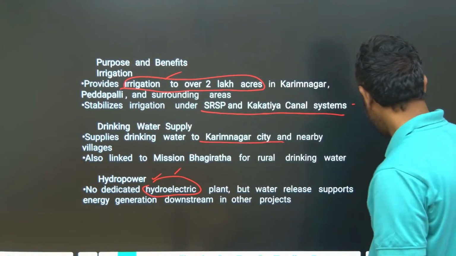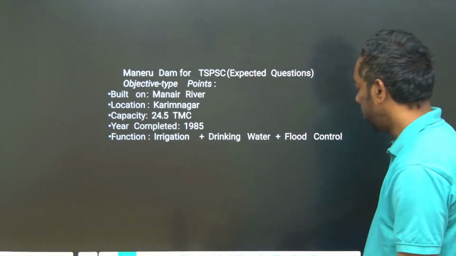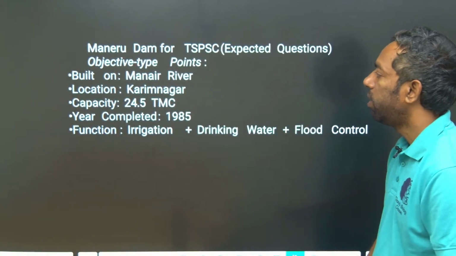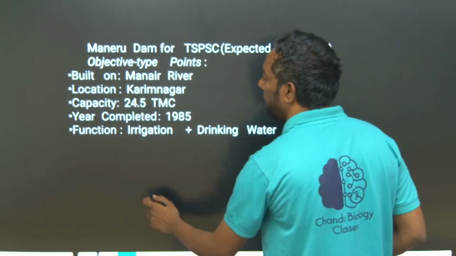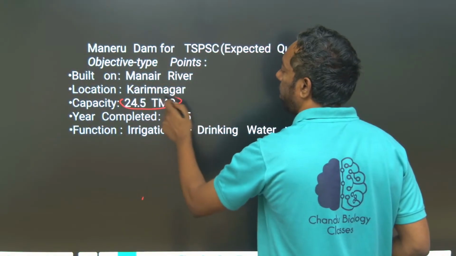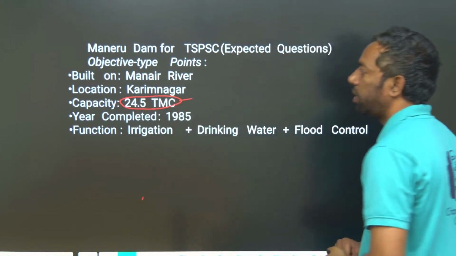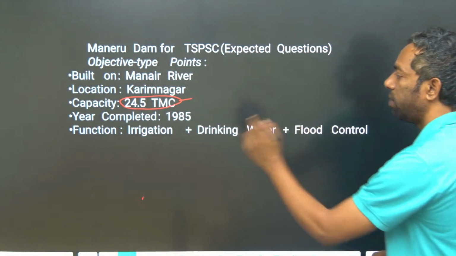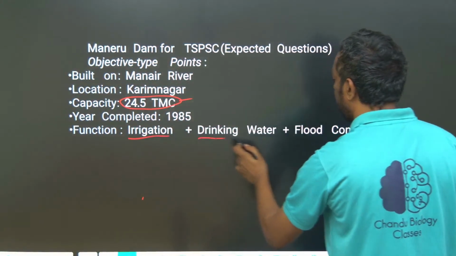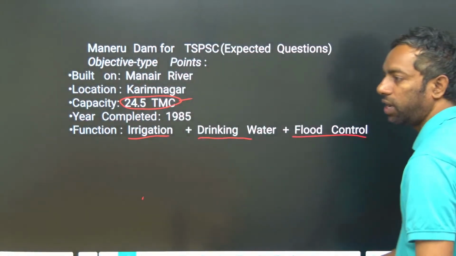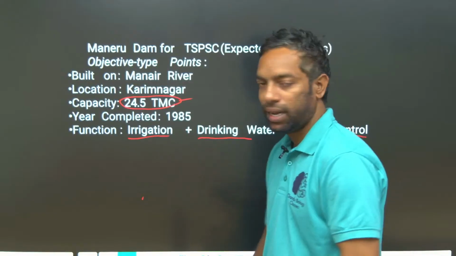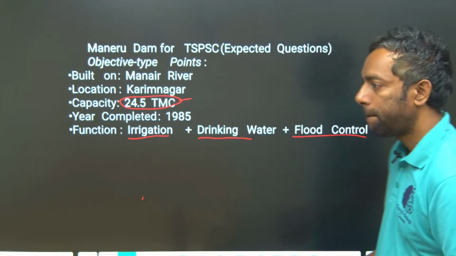It is built on the Maneru river. The water capacity is 24 TMC. It is about irrigation, drinking water and flood control. It is multi-purpose.